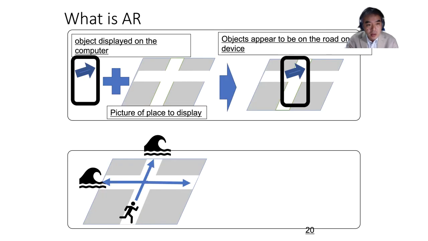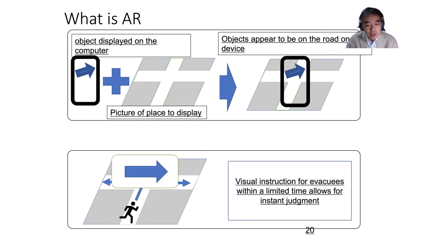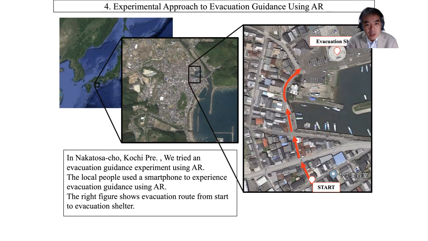I think you may know the evacuation AR device. This is an example of an AR device, and the AR can recognize the position where you stand, and add something, and then you can understand which direction is okay.